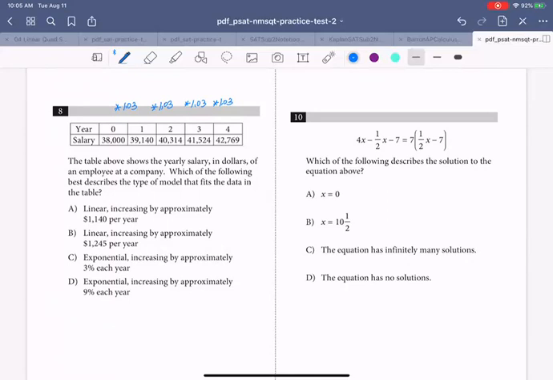To do this question correctly, we want to check several important things, okay? The choices are either linear increasing or exponential increasing. If it's linear increasing, then it's a straight line. That means when your x increases by a constant value, your y should continuously increase by a constant value, right?